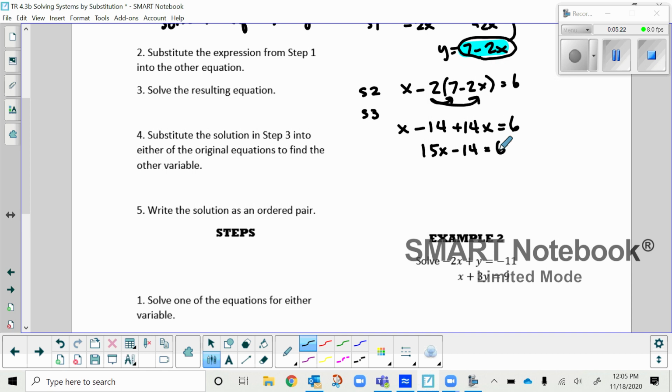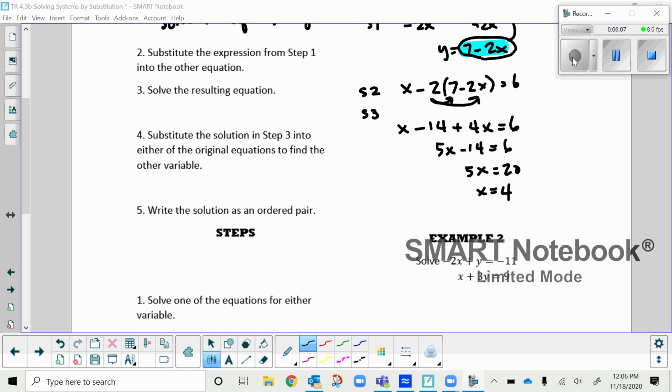I can't read my own handwriting. But my answer isn't just x equals 4.